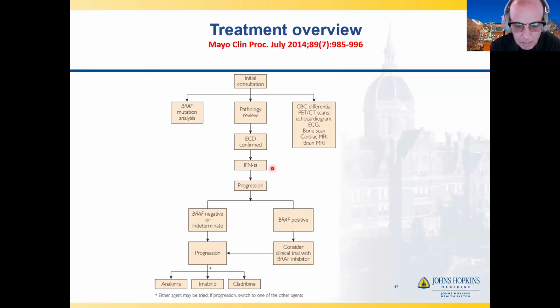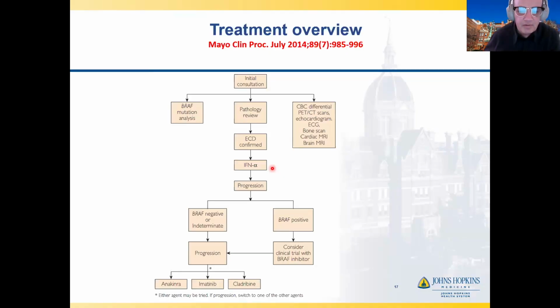And the concept behind using interferon at that time was that interferon inhibits cell division. And that was really the main, it was effective in treating ECD. But again, the side effect profile was really a major issue with this agent.